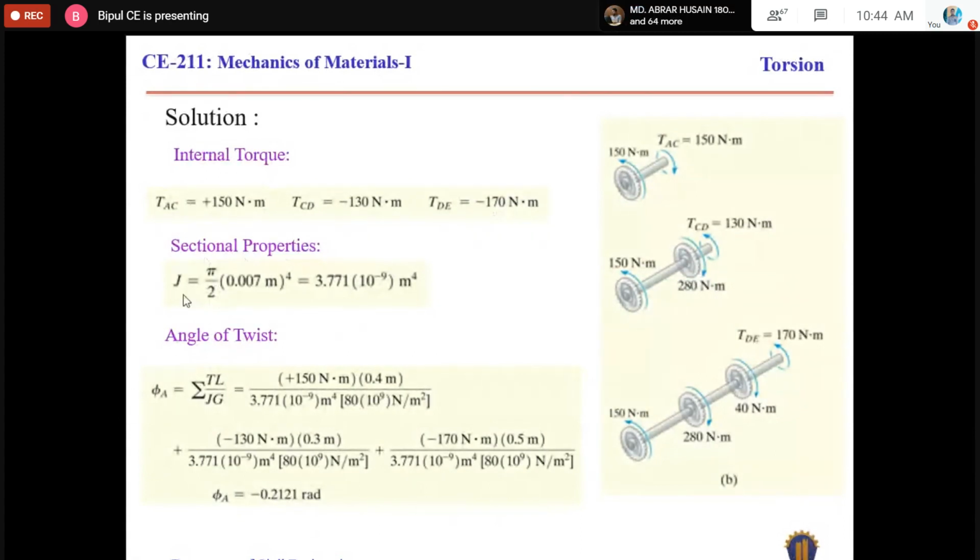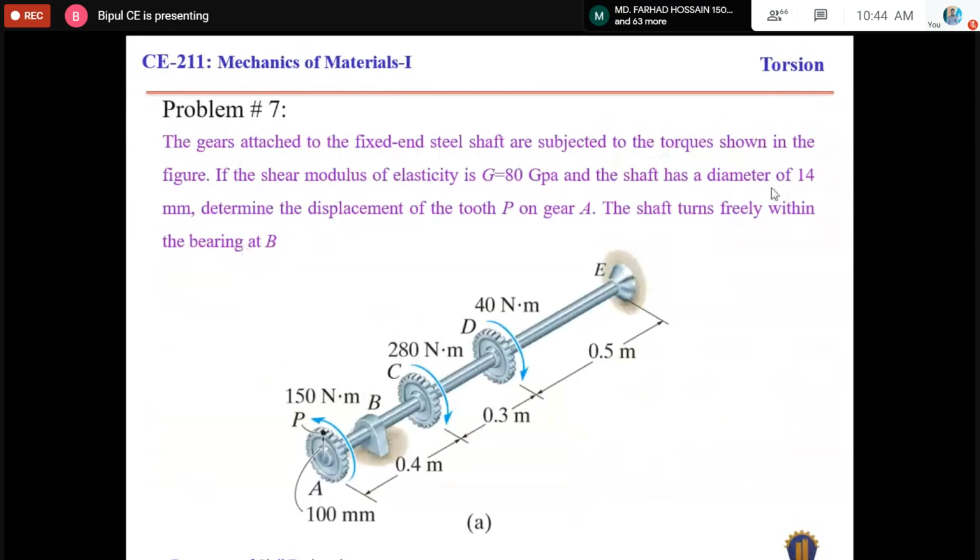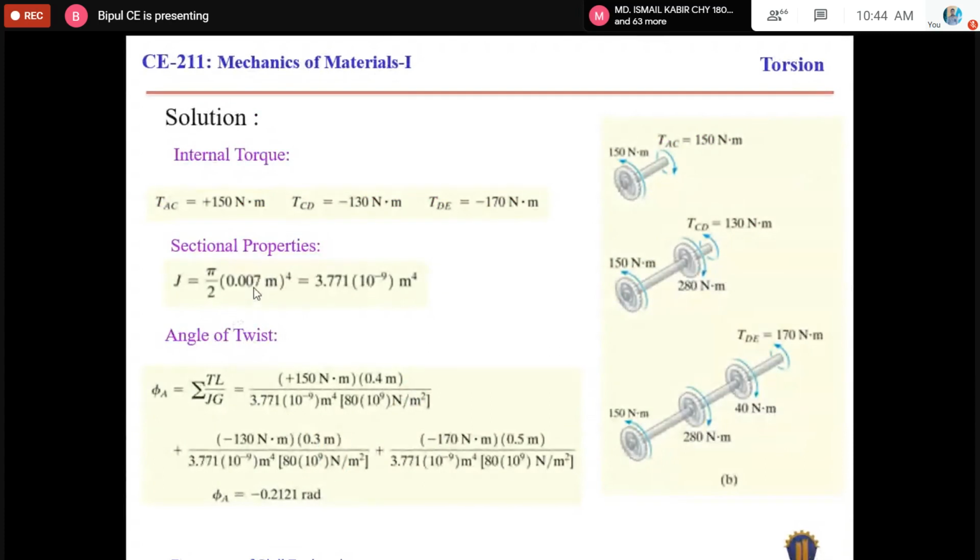And the sectional properties will be constant, because the diameter of the shaft along the length is constant. The diameter is 14 millimeter, so c will be 7 millimeter, and to convert into meter, 0.007. So that is the sectional properties.